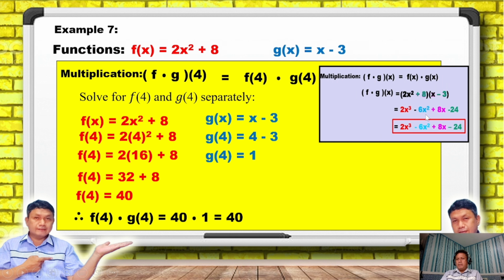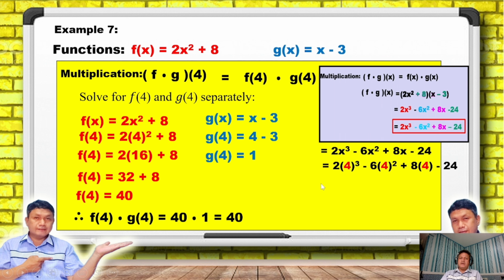Gumamit tayo dito ng FOIL method and we arrive at the answer 2x cubed minus 6x squared plus 8x minus 24. Kapag yan ang ginamit natin at magsasubstitute tayo ng 4, this will become 2 quantity 4 cubed minus 6 quantity 4 squared plus 8 quantity 4 minus 24.